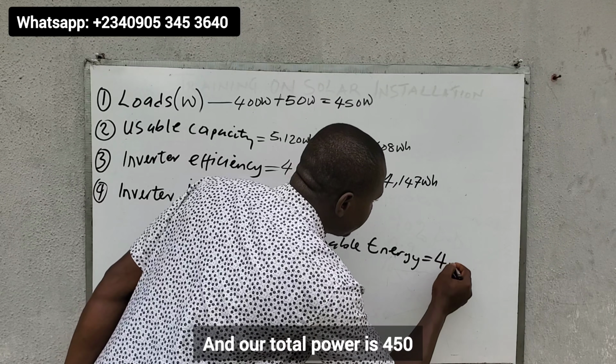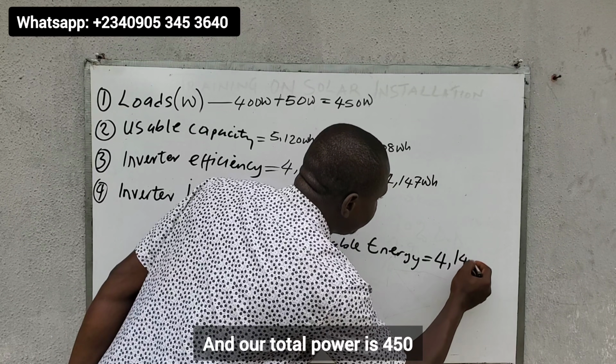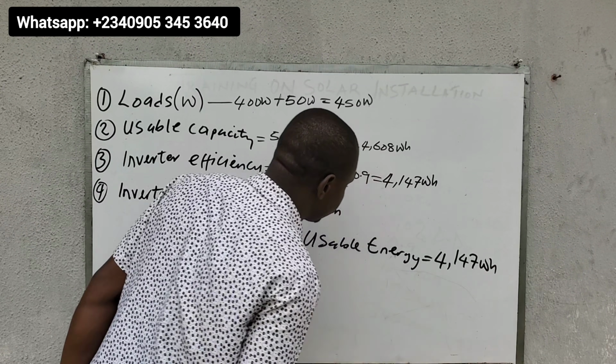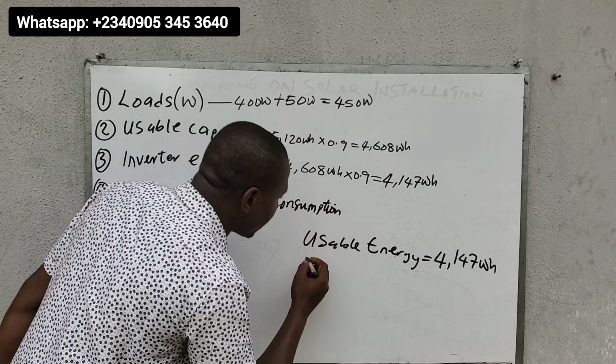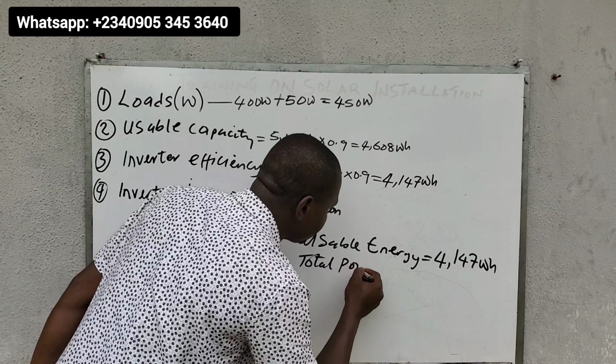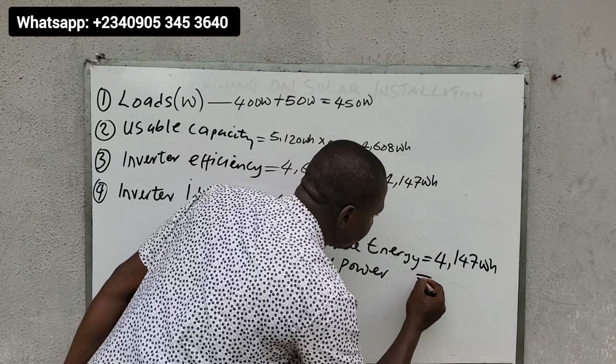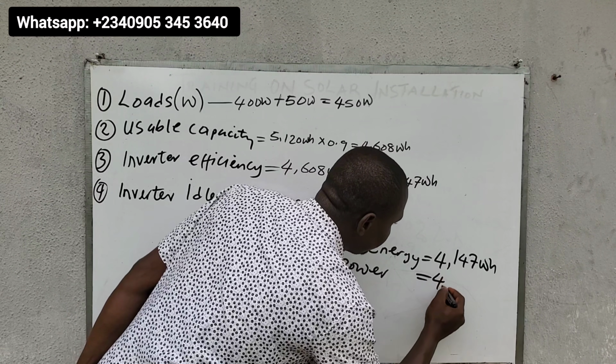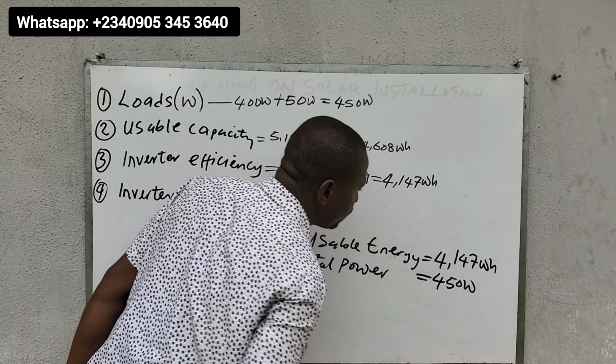So now our usable energy is 4,147 watt hours, and our total power is 450 watts.